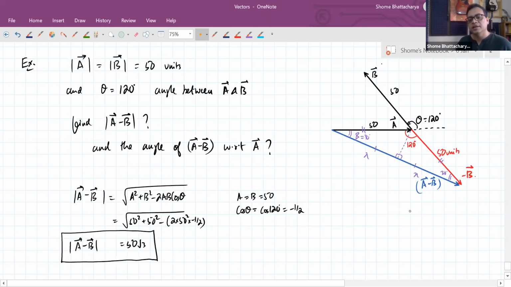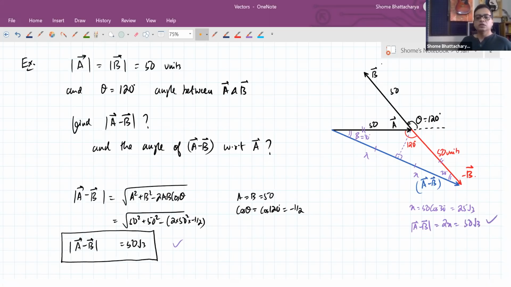So for this right angle triangle, you can see that x will be 50 cos 30. So that will be 25 root 3. So obviously you can see that the whole side A minus B is 2x. So that becomes 50 root 3. So that justifies that this side should be 50 root 3. And this is also showing us that angle beta is 30 degrees.